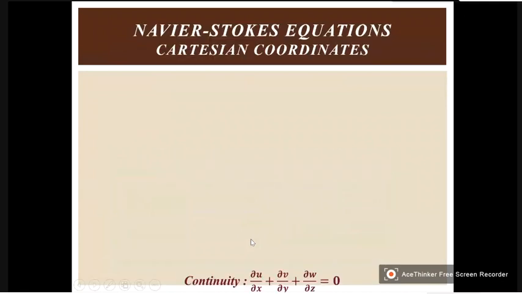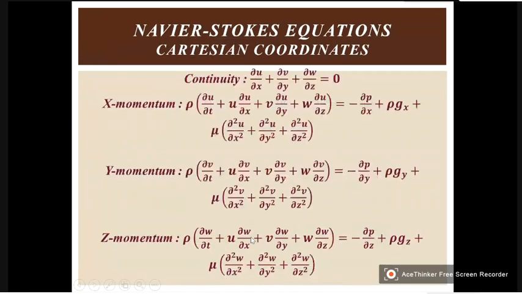Next. Now we will start applying the concepts for solving the practical problems. So first, all of you know these things and these are very, very important and you have to remember them forever. See, it is of course very easy to remember, especially in Cartesian coordinates, which is not at all difficult.